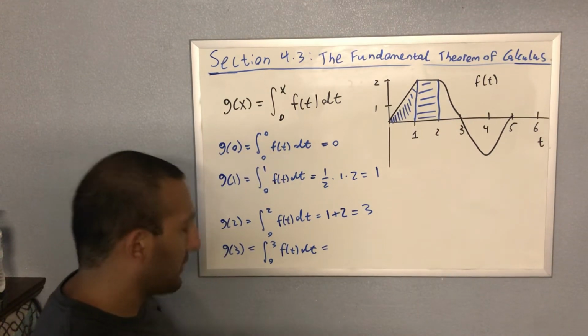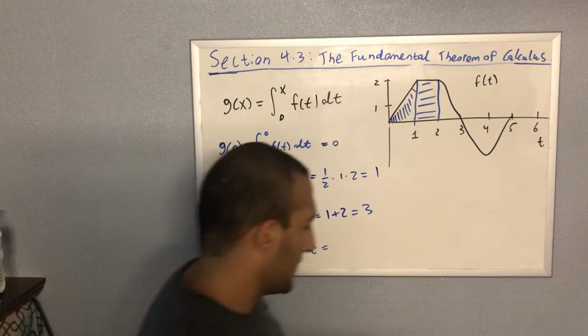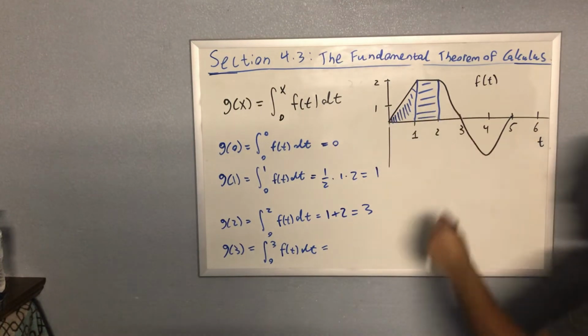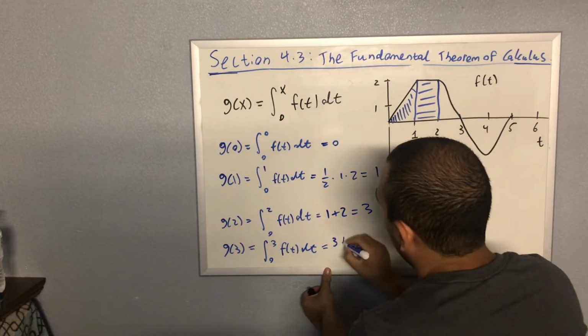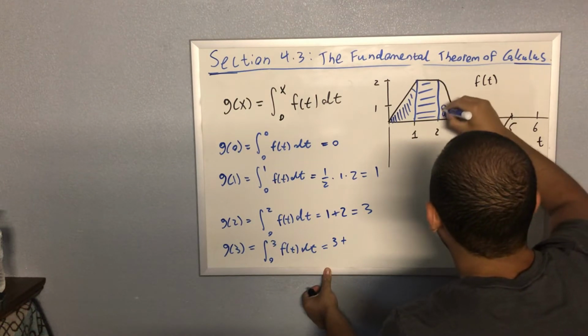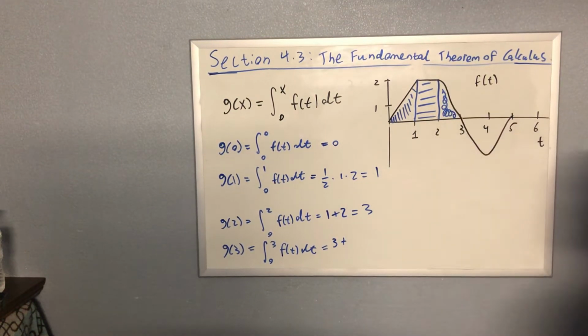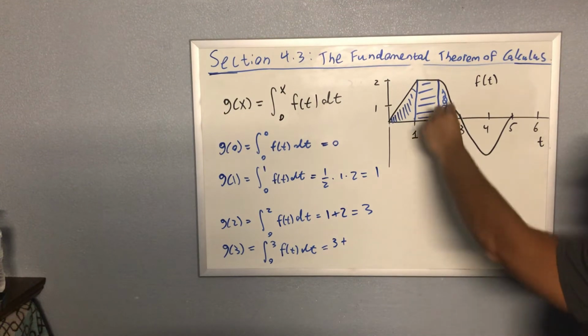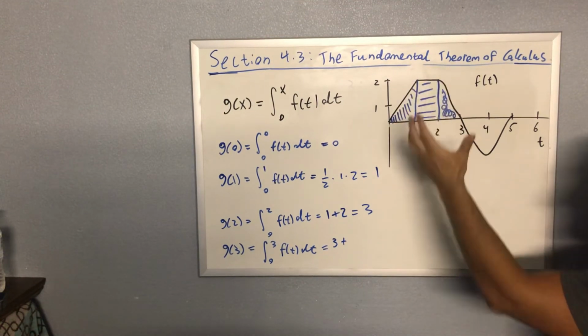Okay? So g of 3 is going to be, again, the old area, so 3, plus this new area here, which maybe I'll mark with squiggly lines. It's kind of hard to say exactly what the area is, but comparing this with the guy right next to it, this is just an estimate.